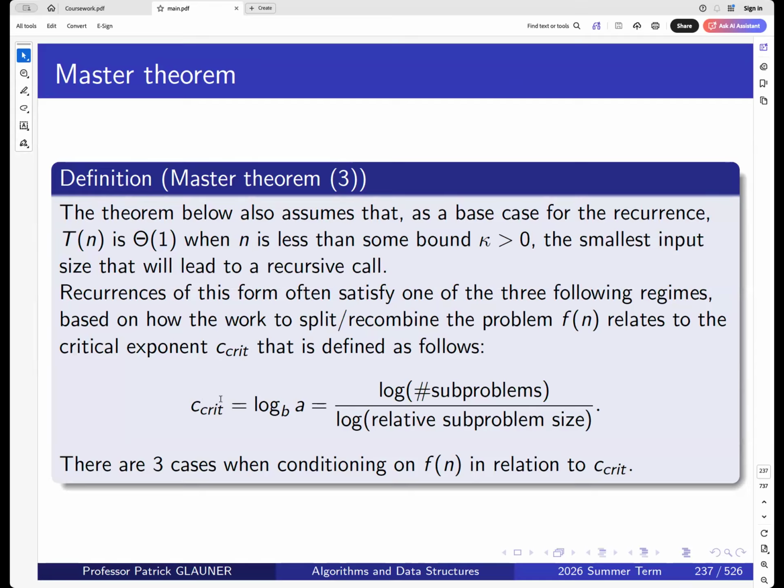And then what we need to calculate is a value that is called c critical, the so-called critical exponent. With that critical exponent, we want to determine how the work for splitting and recombining relates to the work that is done in the recursion.